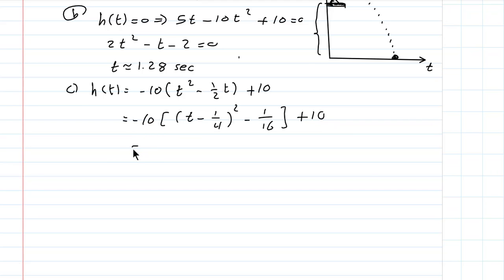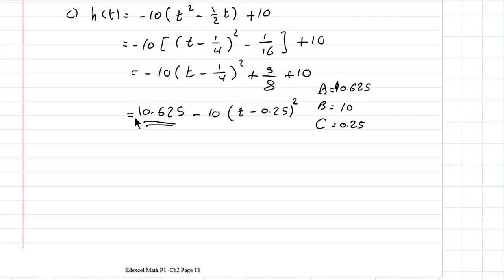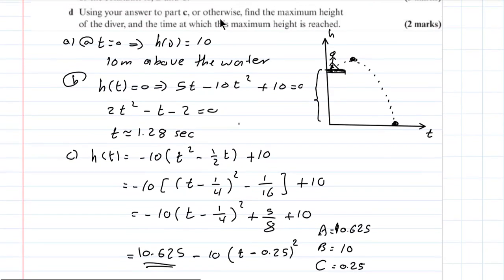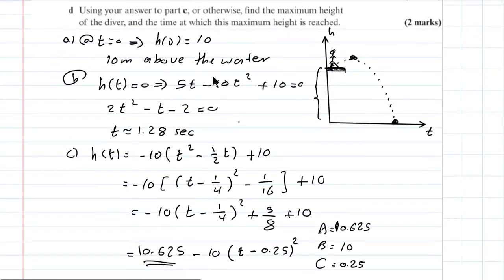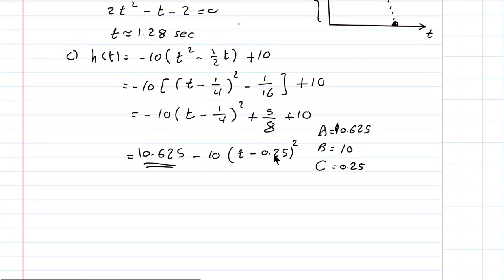And then it will be negative 10 times t minus quarter all squared, negative negative plus 10 over 16, which can be simplified to 5 over 8, and then plus 10. After simplifying, the answer will be 10.625 minus 10 times t minus 0.25 all squared. So the value of a here is 10.625. We have minus after that, and so b is 10 and c also will be 0.25.